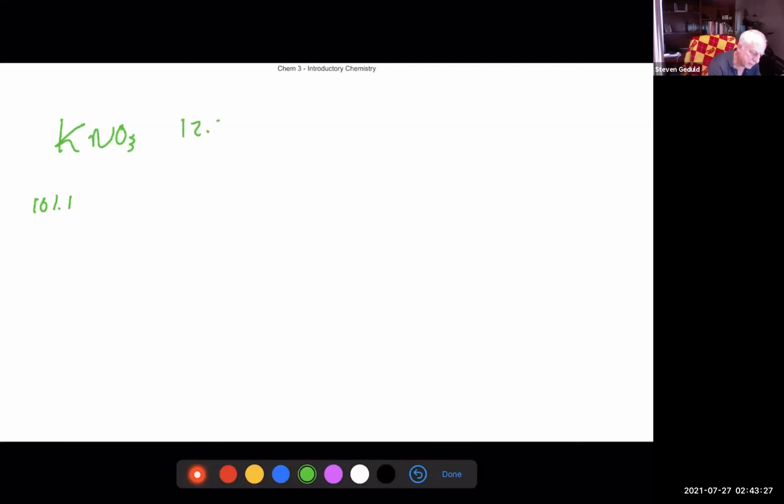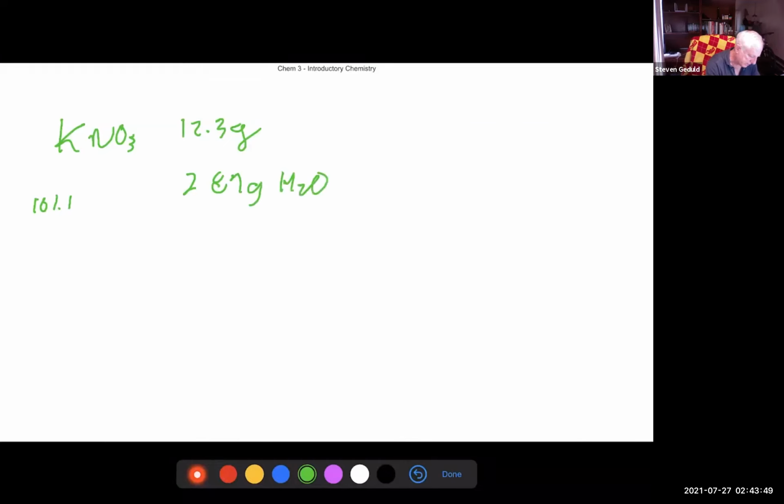So 12.3 grams of potassium nitrate is dissolved in 287 grams of water at 23 degrees centigrade.